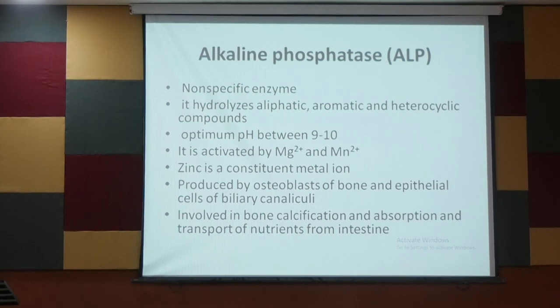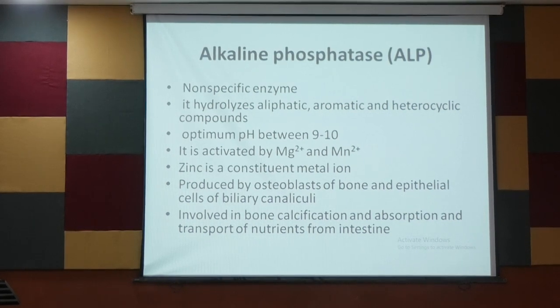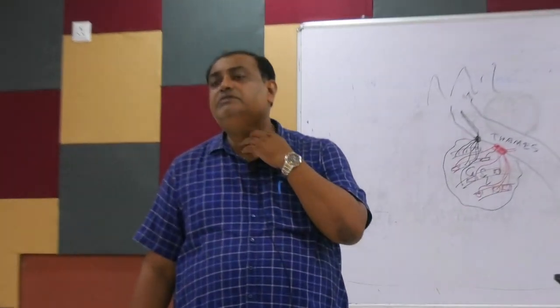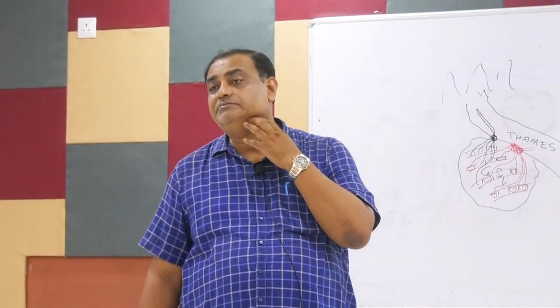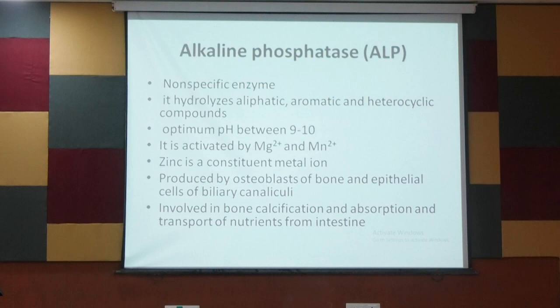Okay. Produced by osteoblasts. Osteoblasts means the juvenile bone cells. Right? And osteoclasts means senile bone cells. Right?